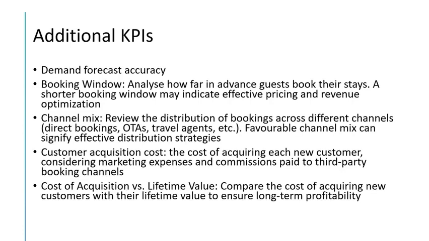And also today we see that people, especially with short haul destinations, have a much shorter booking window, right? Does a shorter booking window indicate effective pricing and revenue optimization? Not always, but what you need to do is study the booking window for certain customer segments, and how these booking windows are changing over time for the same customer segment, okay? This is what you should be looking at.